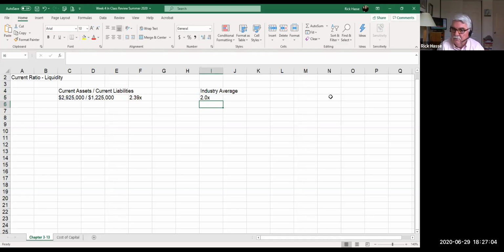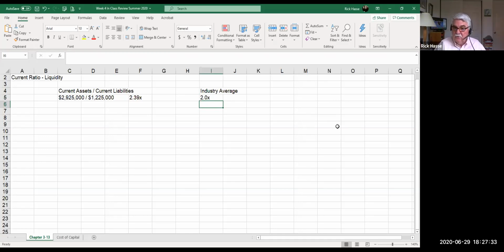Is that a good thing? No, it's not a good thing, because it probably means they either have too much cash, and some of that cash should be invested longer term, or they have too much accounts receivable or too much inventory. Too much accounts receivable means they have a collection problem, and we'll see that in just a minute.